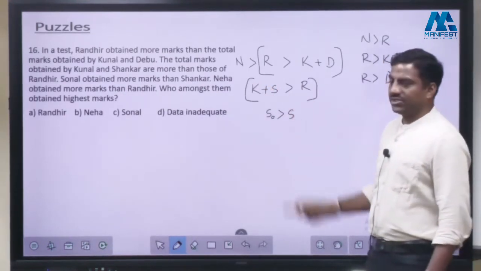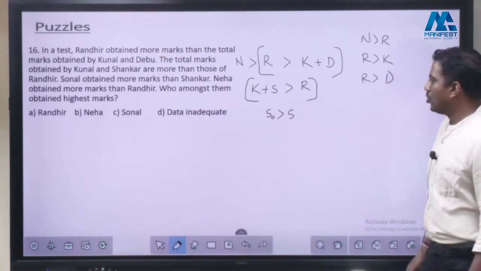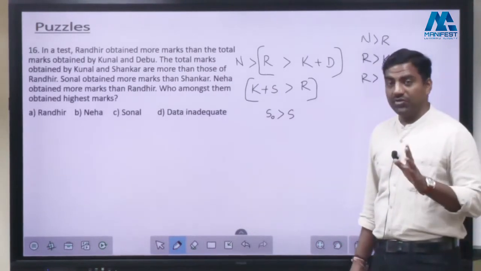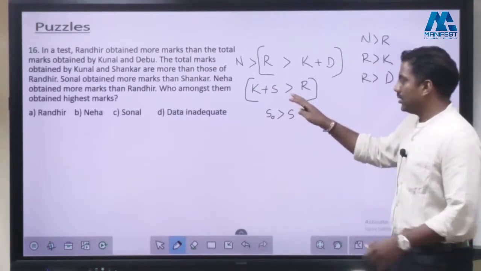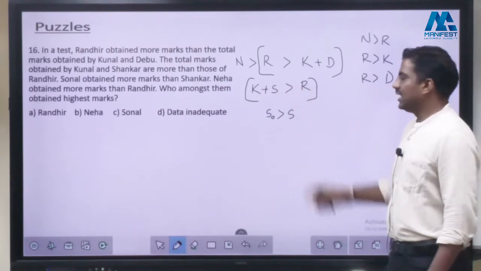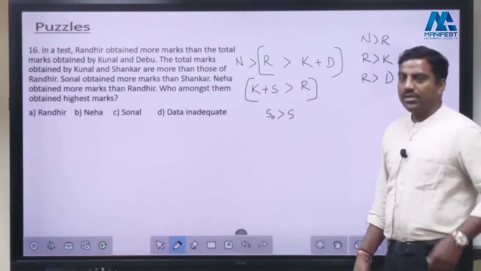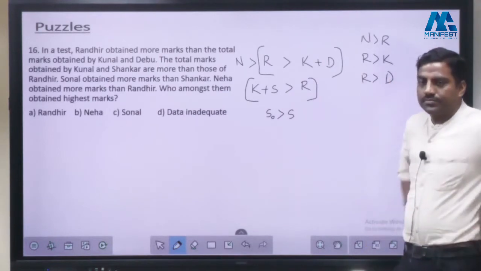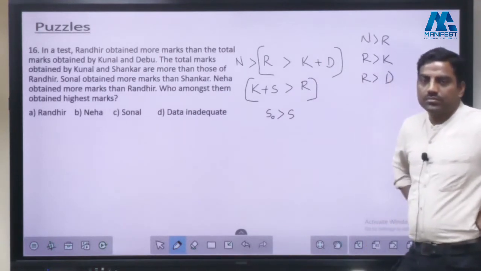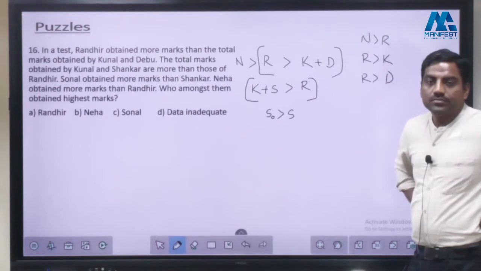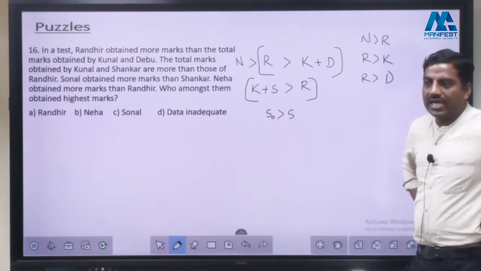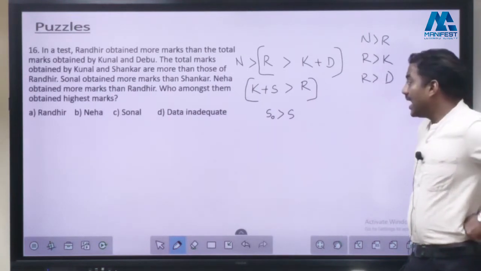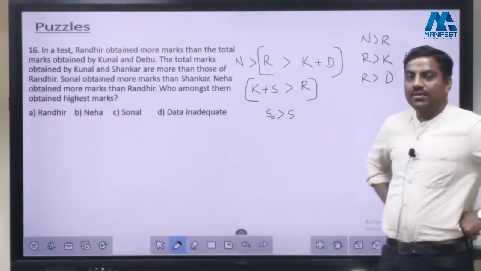Now, from this equation, K plus S is more than R. Listen carefully. K plus S is more than R. Can I conclude K is more than R? Can I conclude S is more than R?